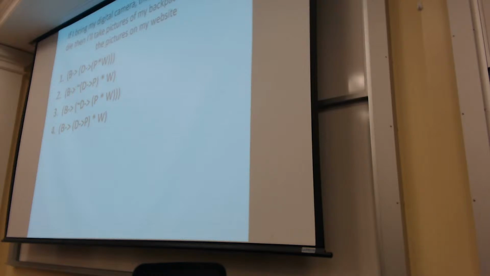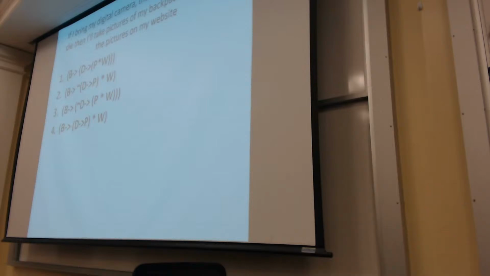All right, if I bring my digital camera, open parenthesis for the if, B for bring. We're gonna need an arrow because I see that's an if. We know that that's gonna be separate because of the comma. So we know we're gonna need another parenthesis after that.